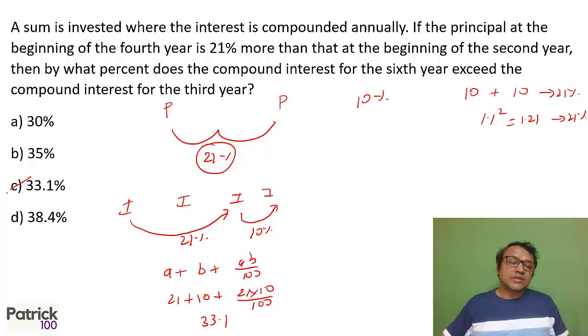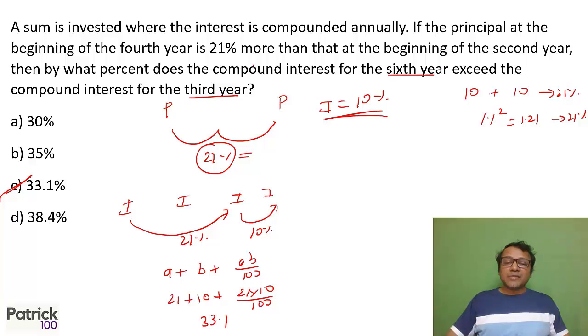So 33.1%, option C. Because of 21%, I get the interest rate as 10%, and then I use this for the increase over 3 years, so it becomes 33.1%.